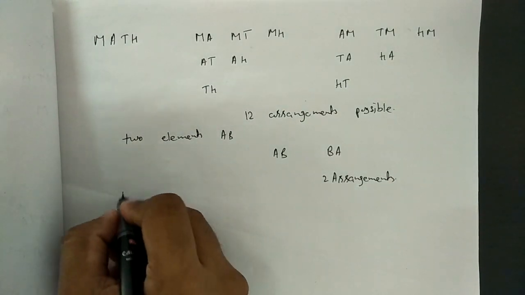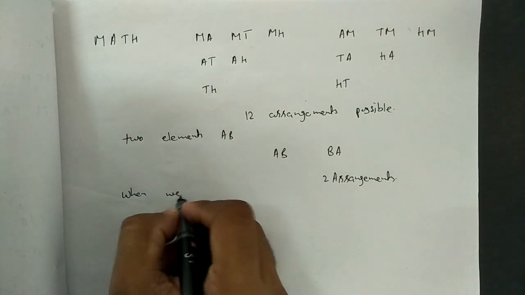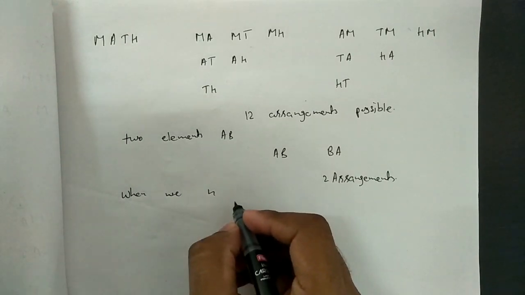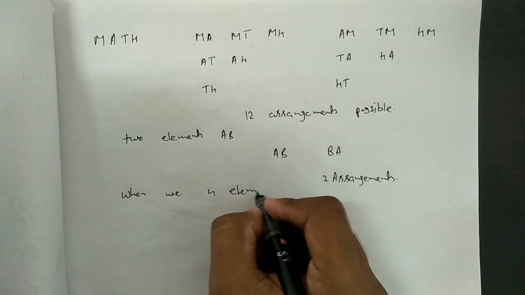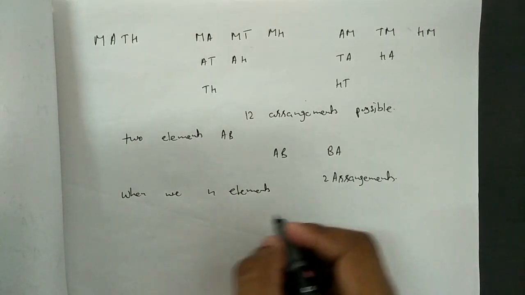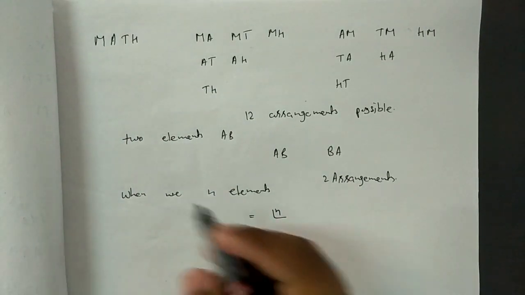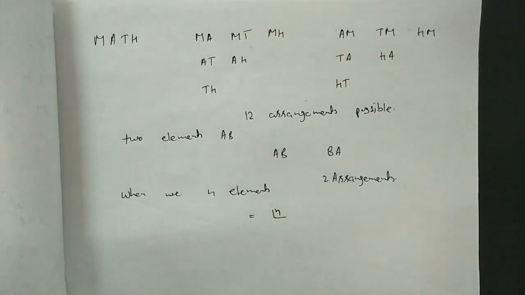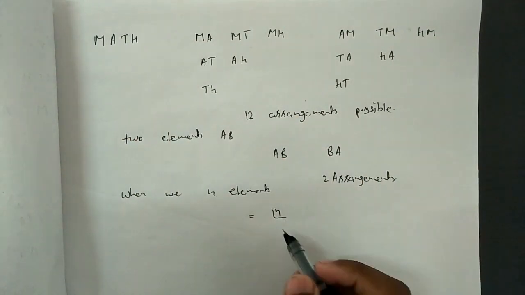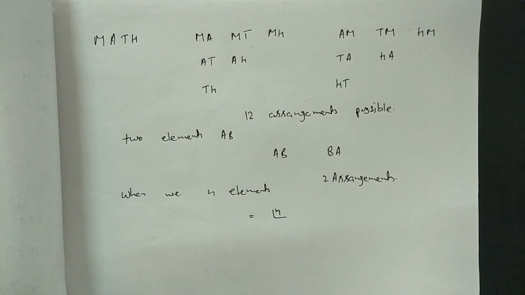Similarly, when we have n elements, we can arrange them in factorial n ways.